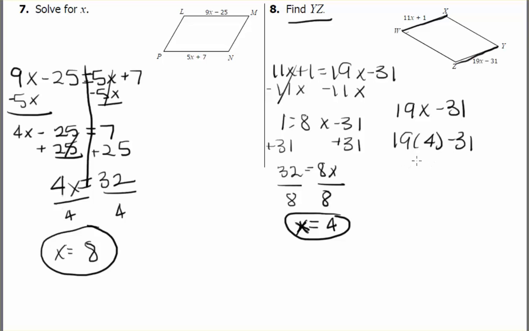So 19 times 4 is 76, minus 31 will give you 45. Okay, so then it's telling you the length of ZY, or YZ, is 45.